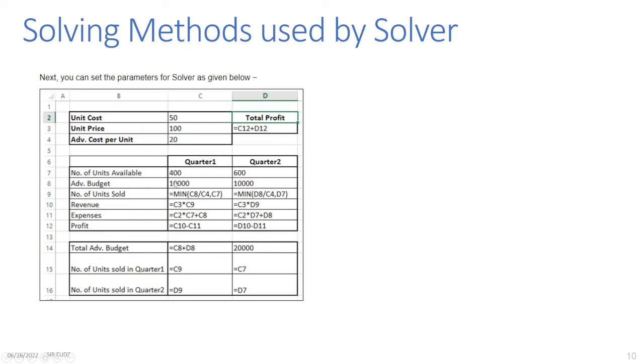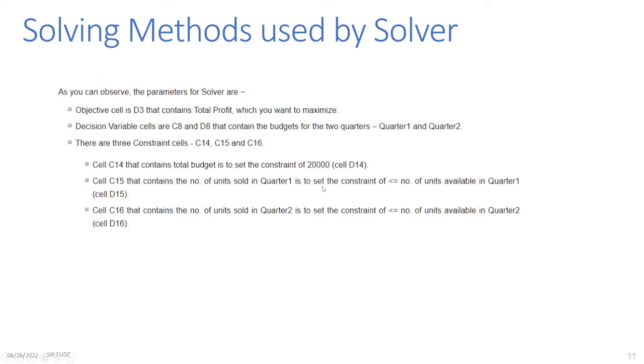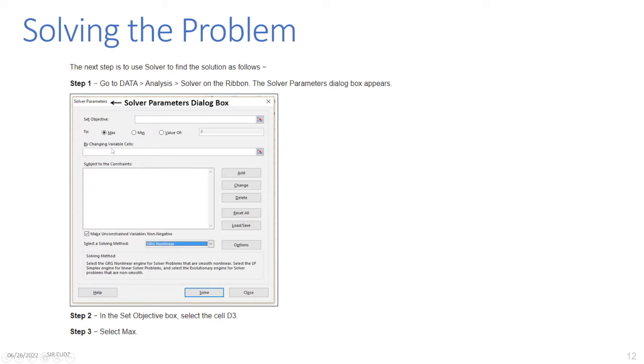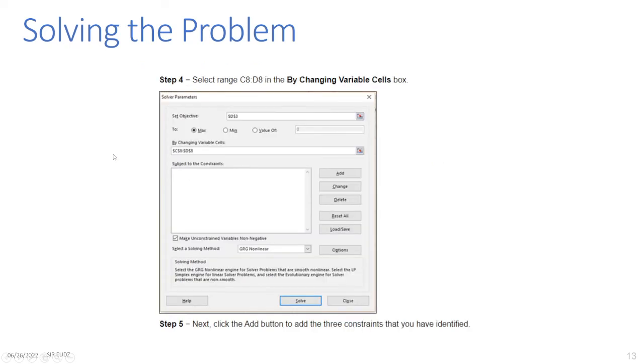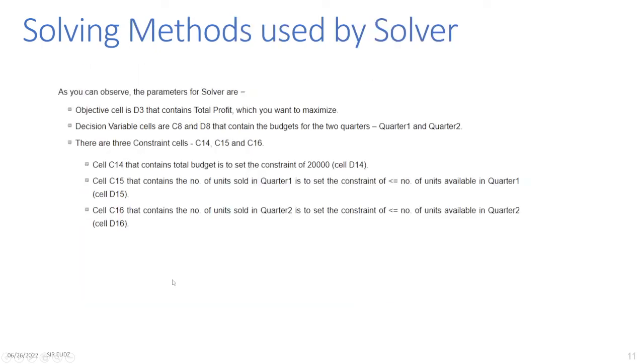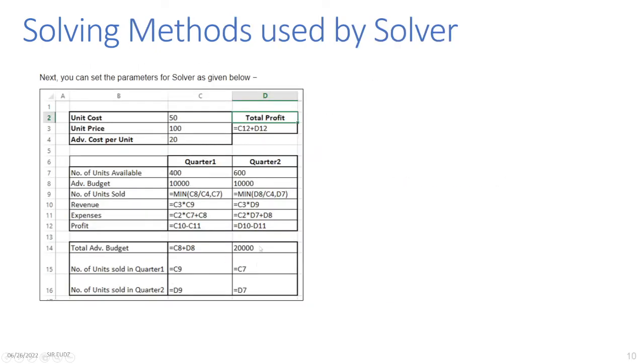So we would like to know what the values here will be. That's why we specify the changing variables, C8 to D8. Then step 5, click the Add button to add the 3 constraints that you have identified. So these are the constraints.